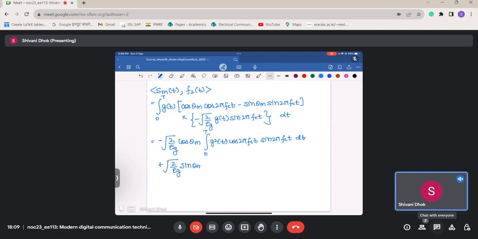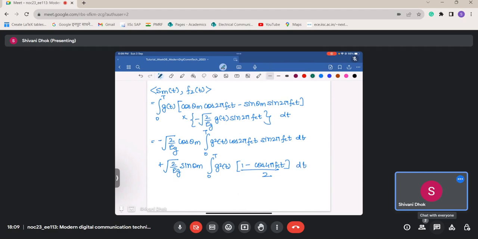g square t cos 2 pi fct sin 2 pi fct dt, plus root 2 by Eg sin theta m integral 0 to T g square t, and we have sin square 2 pi fct, which I can write as 1 minus cos 4 pi fct by 2. Again we had seen that the integral of g square t cos 4 pi fct goes to 0.